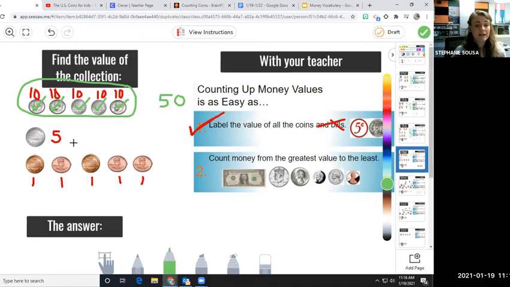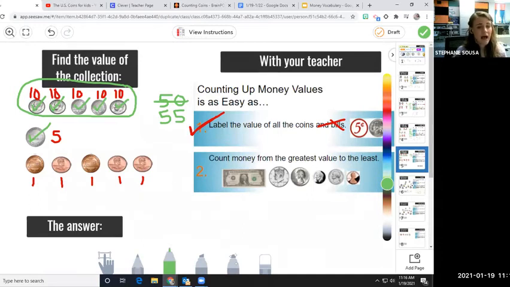I have to add a nickel. That means I'm counting by 5s. So 50, 55. So when I add my nickel, I have 55 cents. Okay, now I'm going to add my pennies.